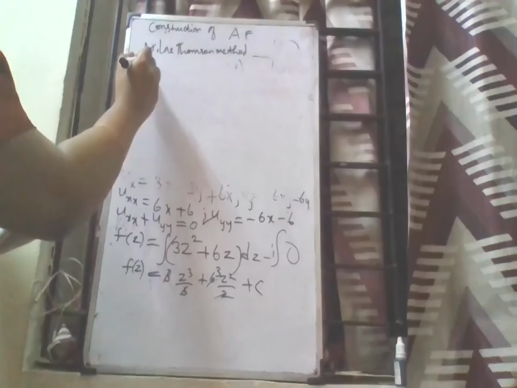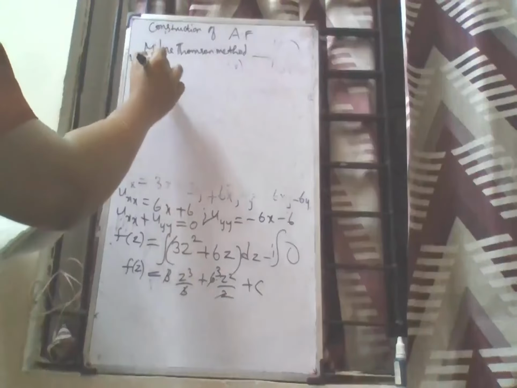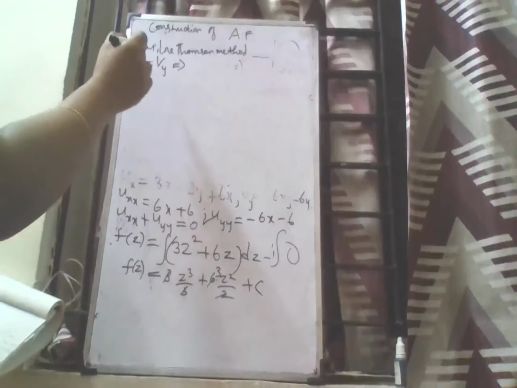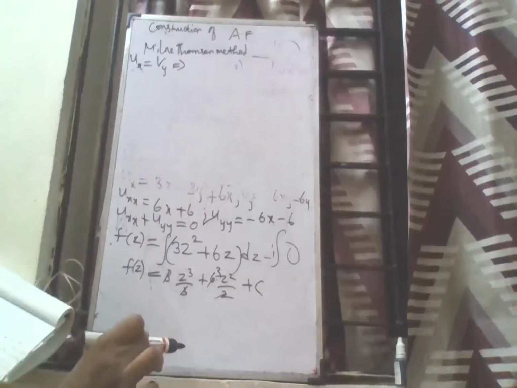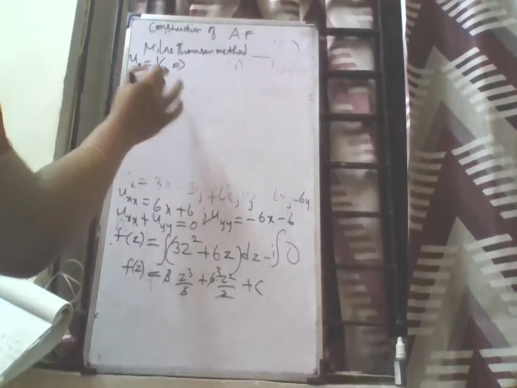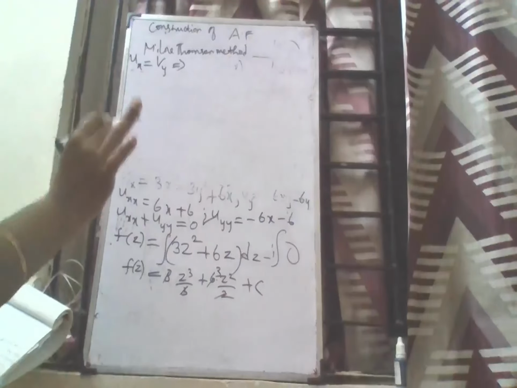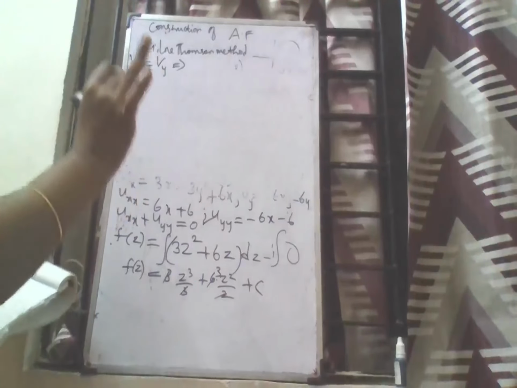I'll take this equation, ux equal to vy. You all remember this? ux equal to vy, the CR equation. If it is analytic, then I can take ux equal to vy, isn't it? So I am trying to find the harmonic conjugate. Remember, we are going to find v now. That is the main purpose.